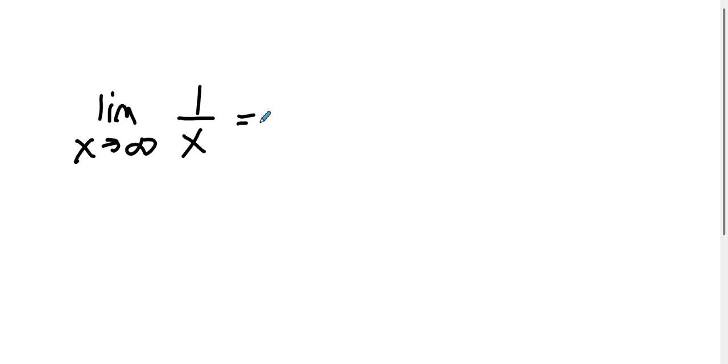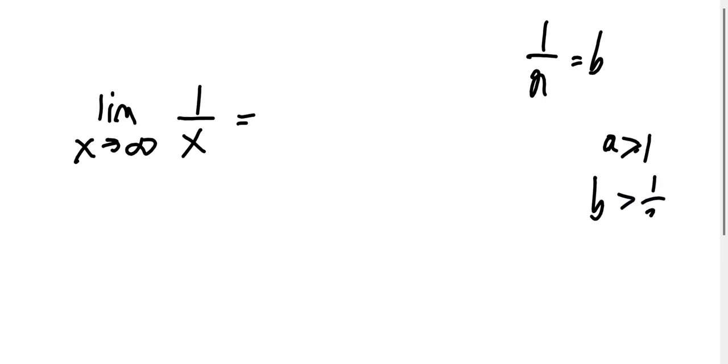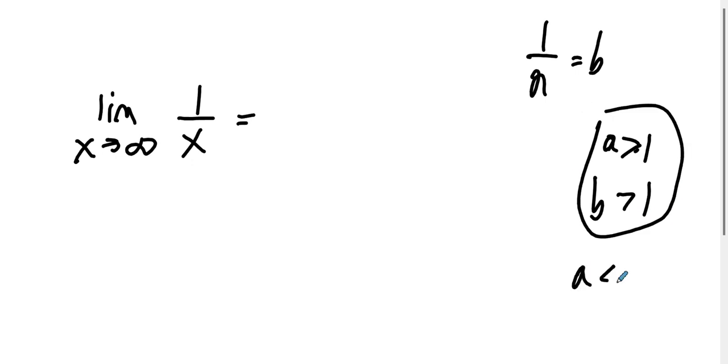You could say that for 1 over some quantity a, if a is bigger than 1, then b is going to be bigger than 1. But if a is less than 1, b is also going to be less than 1.